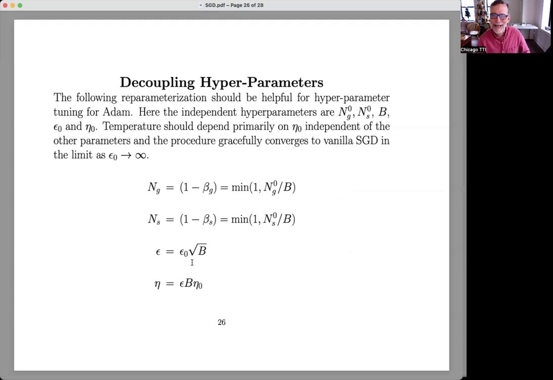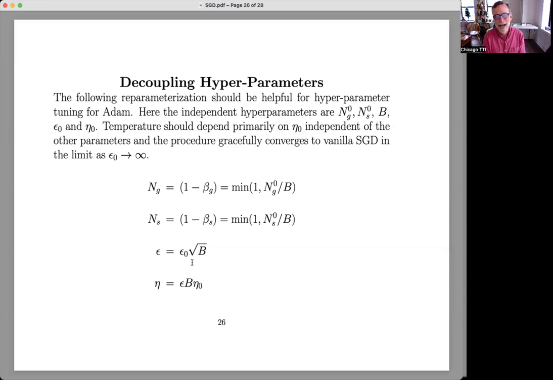Now, Adam has issues with hyperparameter tuning. I mean, it's claimed to be very stable, but you can make it more stable by thinking about temperature. You really want to control your temperature schedule, and you want a single parameter that controls temperature.